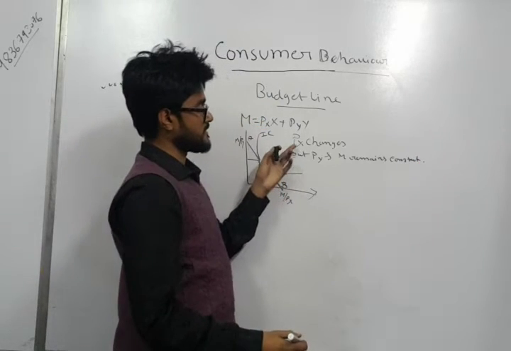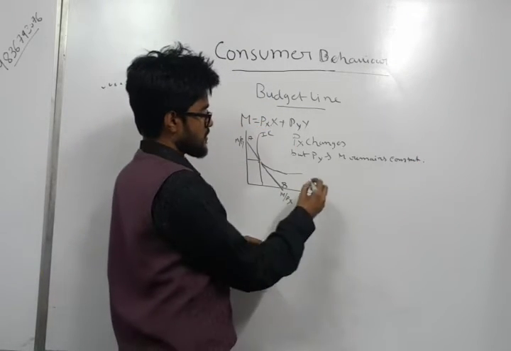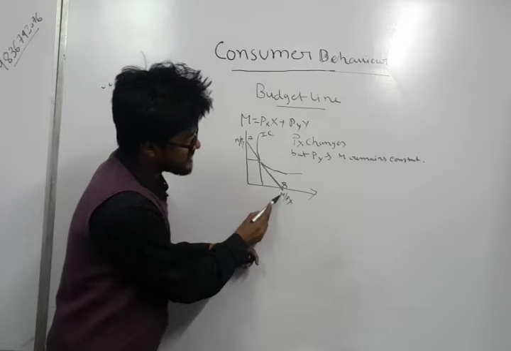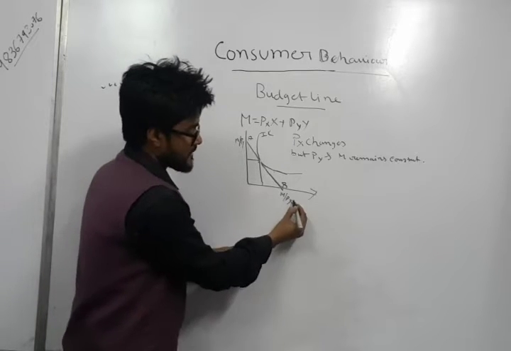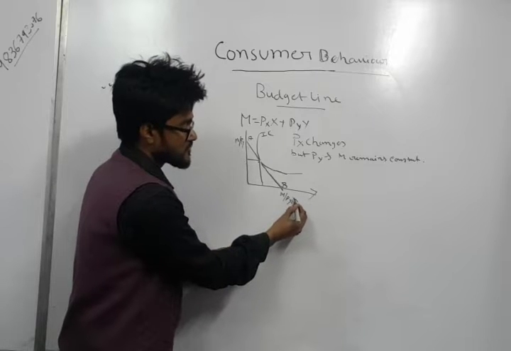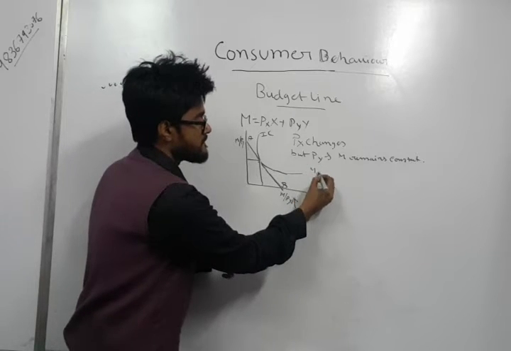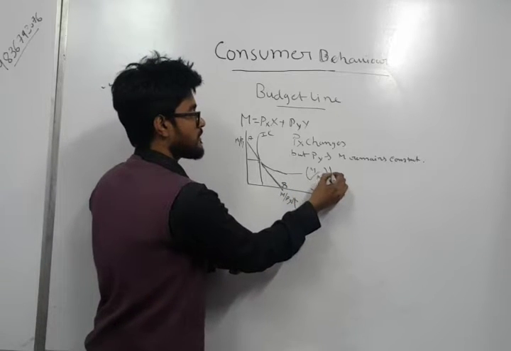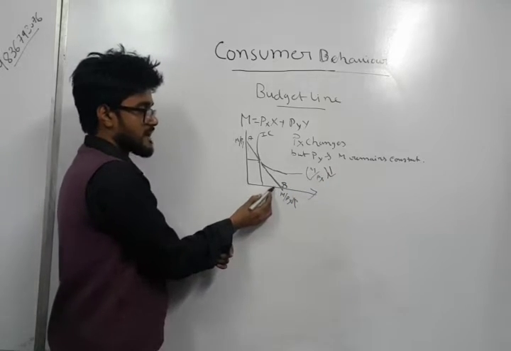In this case Px changes. Look here, it is written M by Px. If Px increases, it is quite obvious that M by Px, which is this point, will fall, so it will shift rightward.